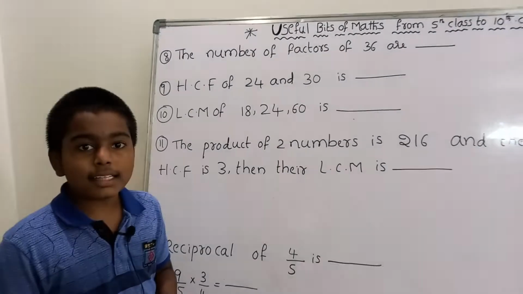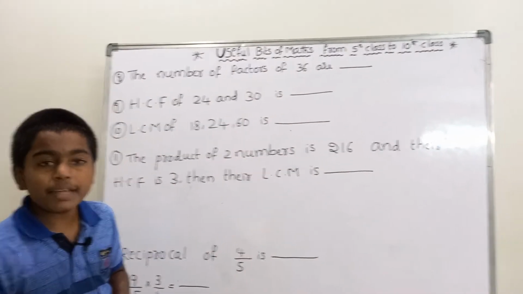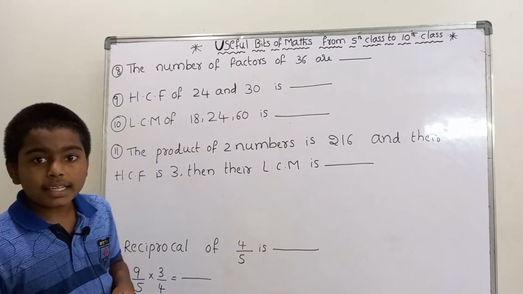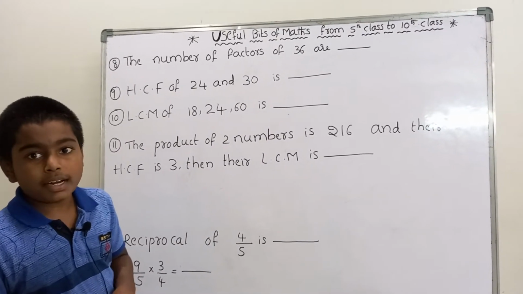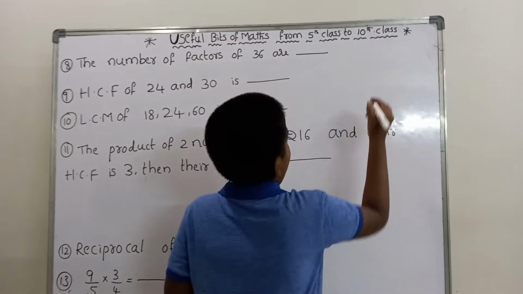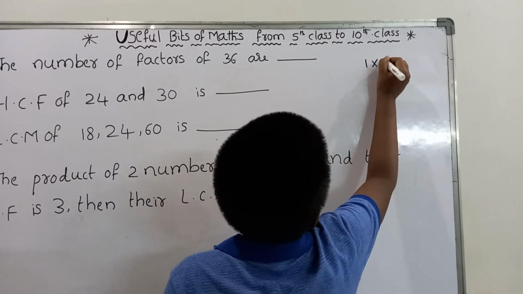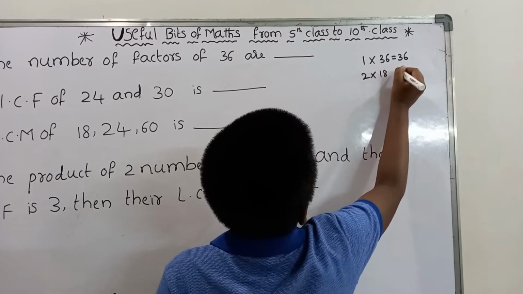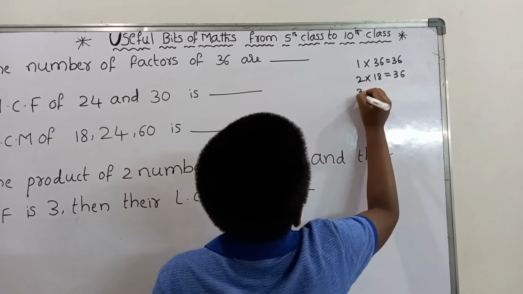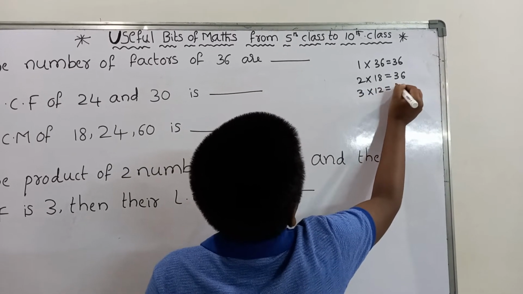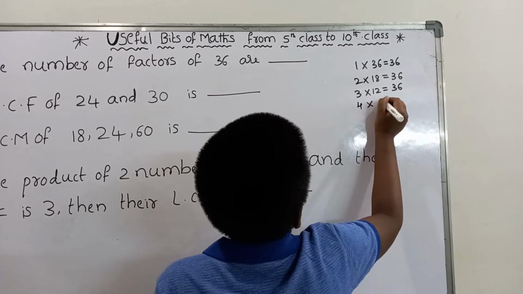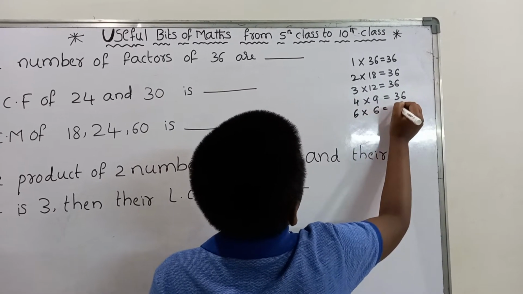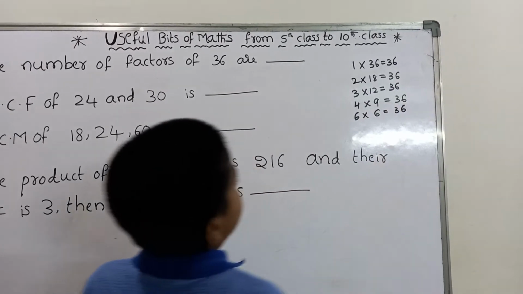The next question is the number of factors of 36. A factor is a number that divides another number exactly without leaving any remainder. Then the second number is said to be a factor of the first number. Now the factors of 36 are: 1 into 36 equals 36, 2 into 18 equals 36, 3 into 12 equals 36, 4 into 9 equals 36, and 6 into 6 equals 36.